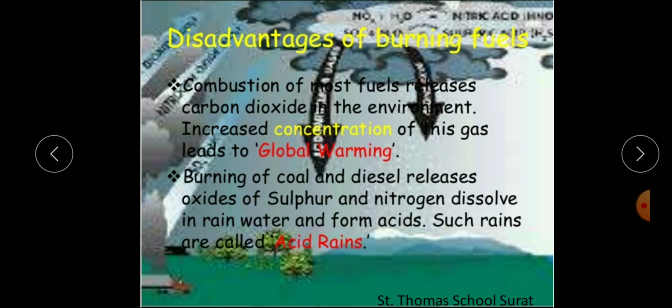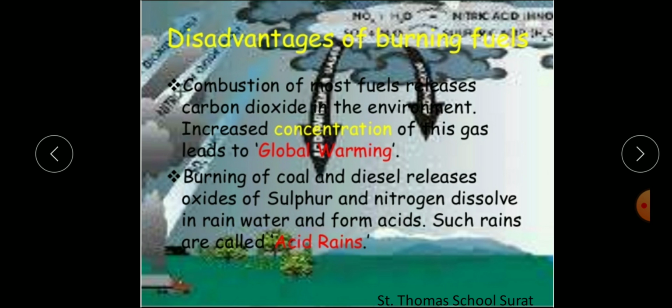So oxides of sulfur and nitrogen, when they dissolve in rainwater, form acids. Such rain we call acid rain. This acid rain is very harmful for crops, buildings and soil. You have learnt this in the previous class, yes or no?